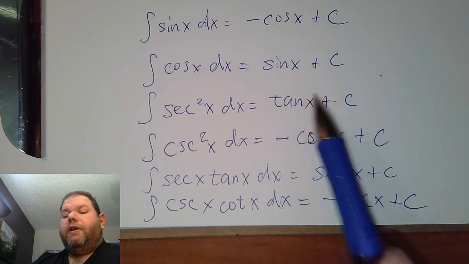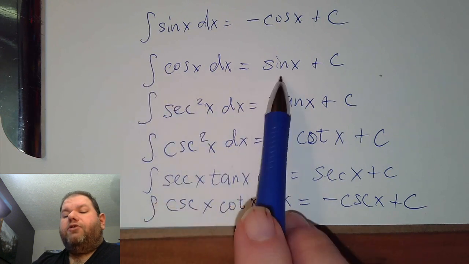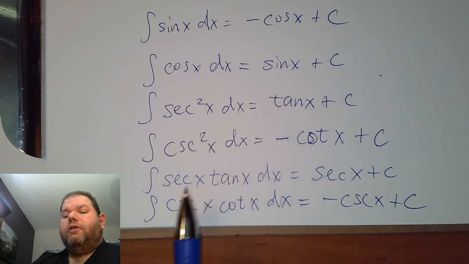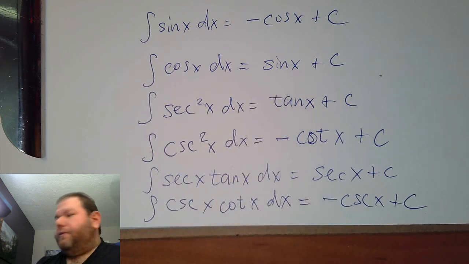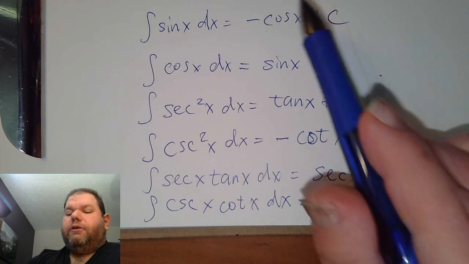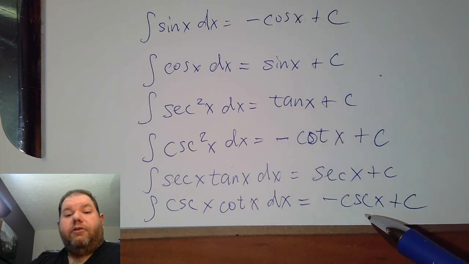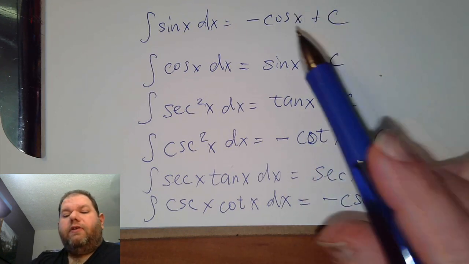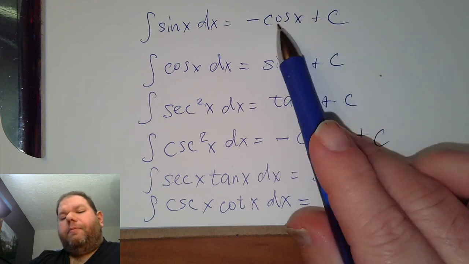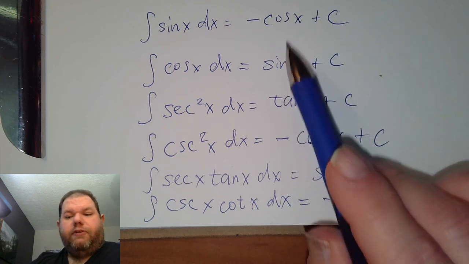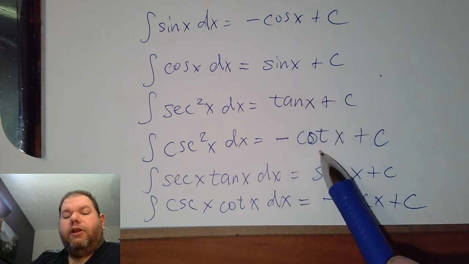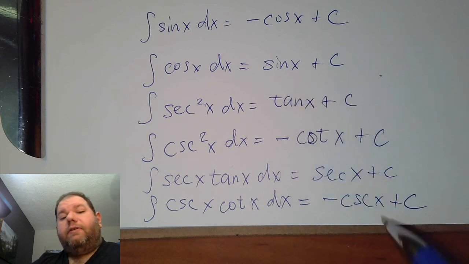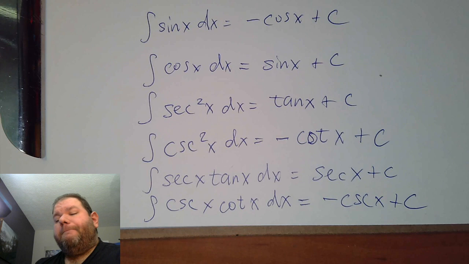But if it's sine, tangent, or secant, then we don't have a sign change. That's one way that we can remember that. Cosine, cotangent, and cosecant are all called cofunctions because they all start with co, and because of their relationship to the other functions, cosine to sine, cotangent to tangent, and cosecant to secant. This is one way we can help remember that, hopefully.